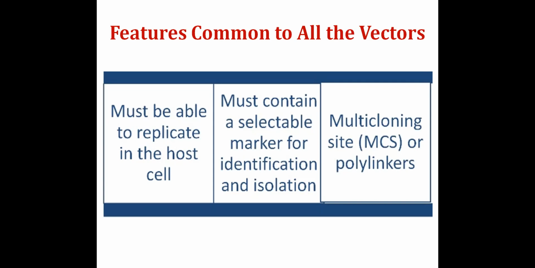So there must be selectable markers on vectors. Third, there must be a multiple cloning site or polylinker, a region with several restriction enzyme sites or linker sequences that provide the space for insertion of the gene of interest.